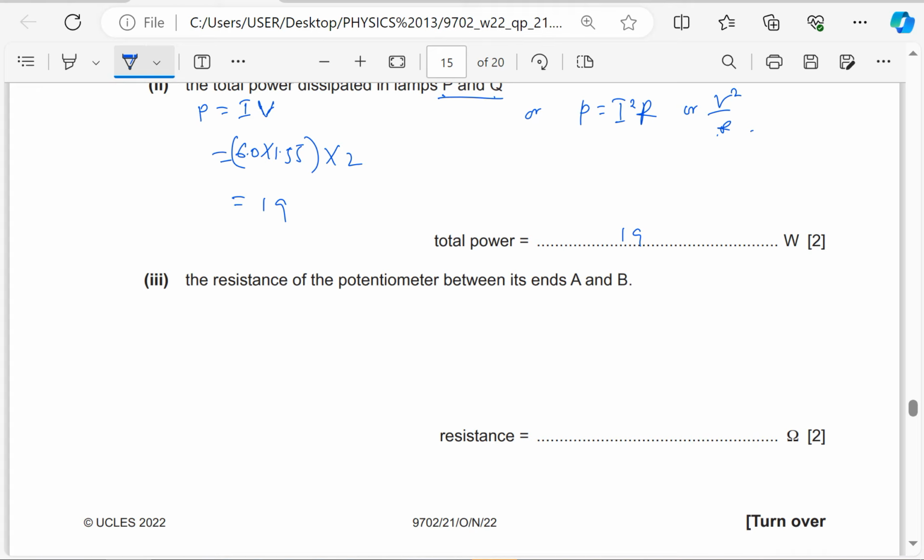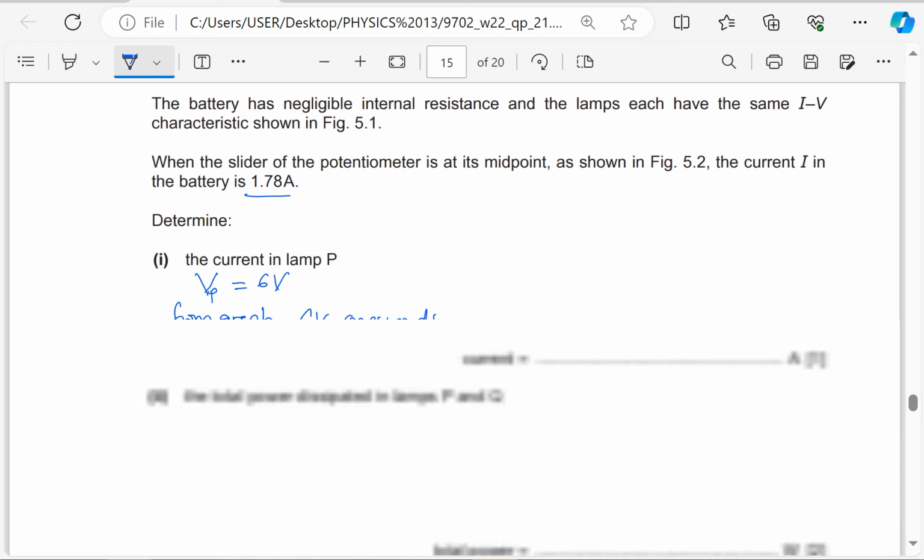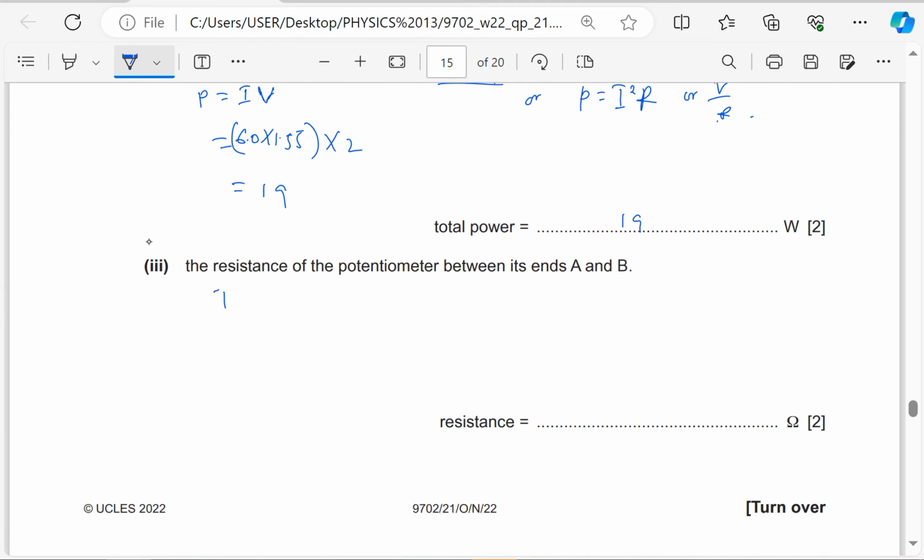Then the resistance of the potentiometer between its ends A and B. So I have the current which goes to the resistors here. This is 1.55. So I now know the current here to be 1.78 minus 1.55. So the current in AB is going to be 1.78 minus 1.55, which is 0.23 amperes.